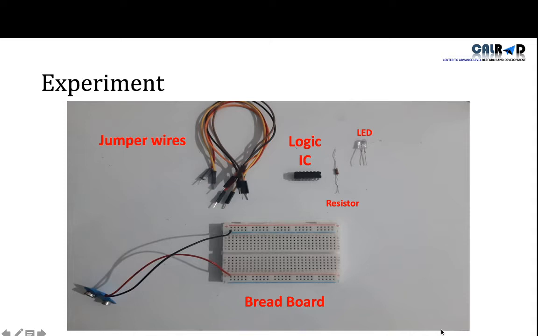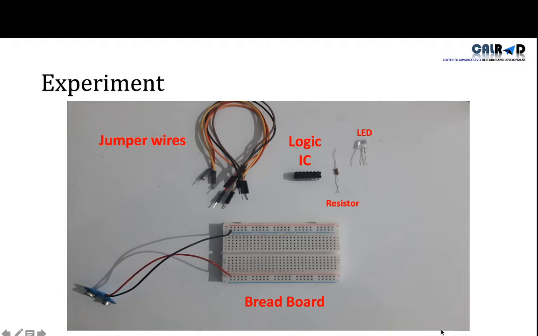Components: you should remember all these things by heart. If I ask you in the exam or in the viva to tell me the components for the experiment of any gate, you should know that we need a breadboard, a battery, jumper wires, a logic IC, a resistor, and an LED. You should also know the working of these things.